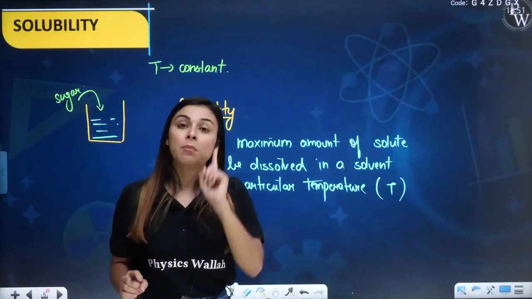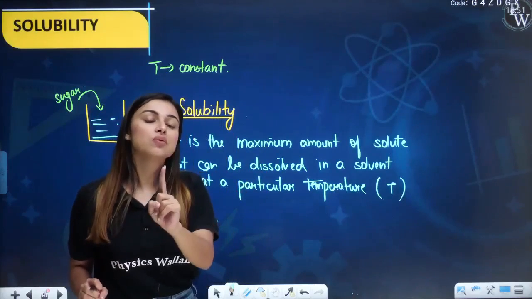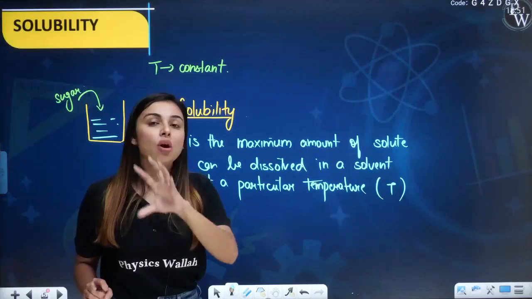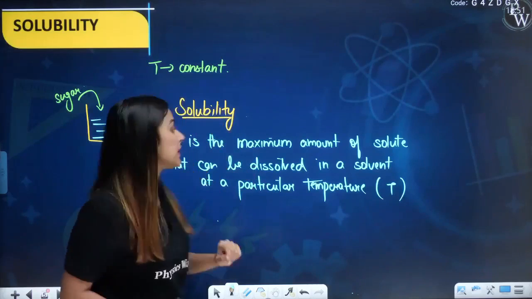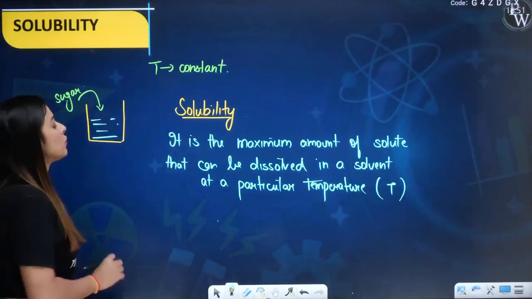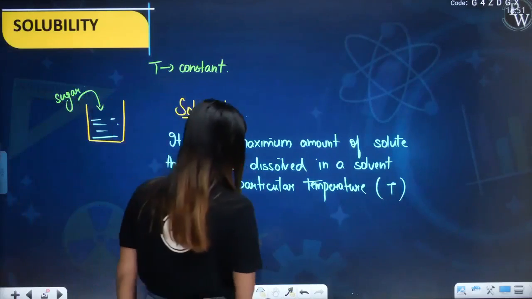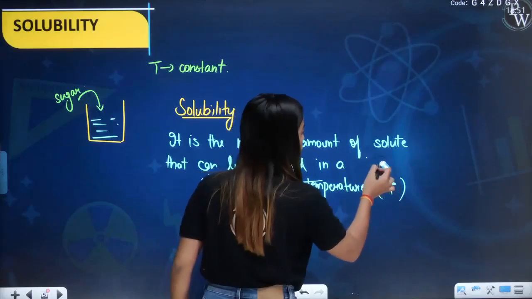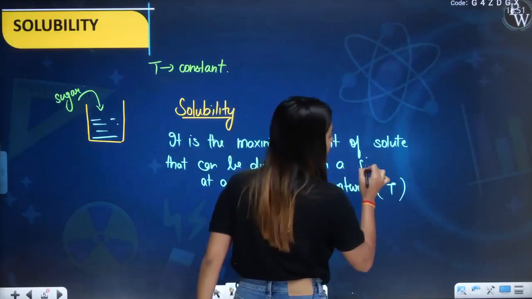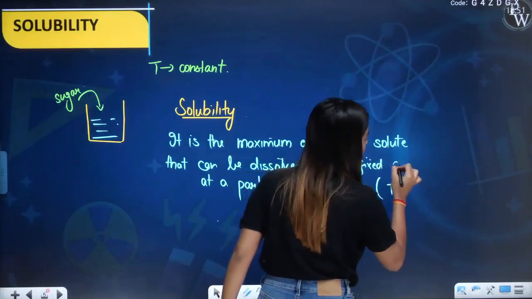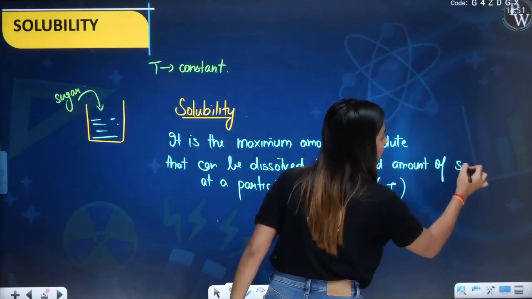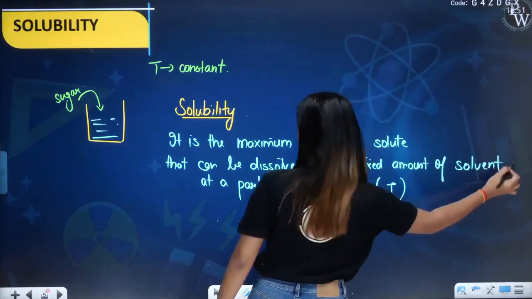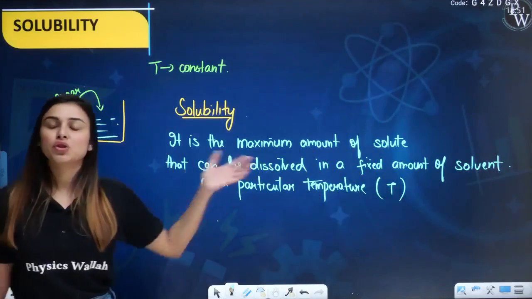But as long as the temperature was constant, there was a limit on the amount of solute that can be dissolved in a fixed amount of solvent at a particular temperature T.